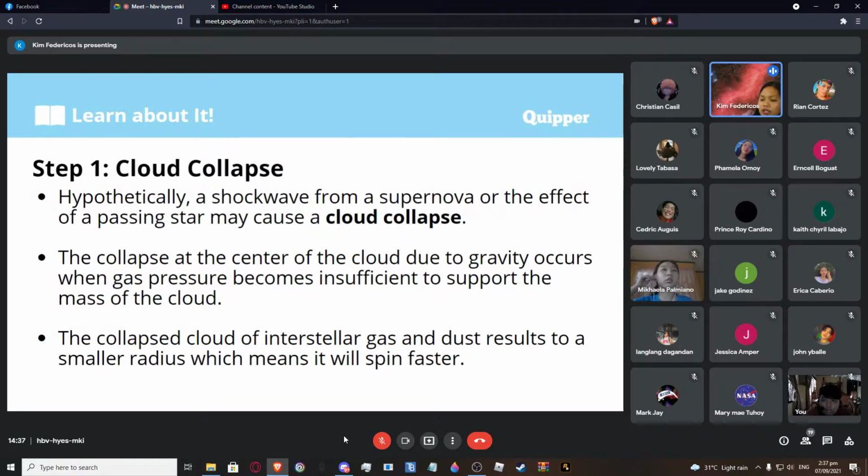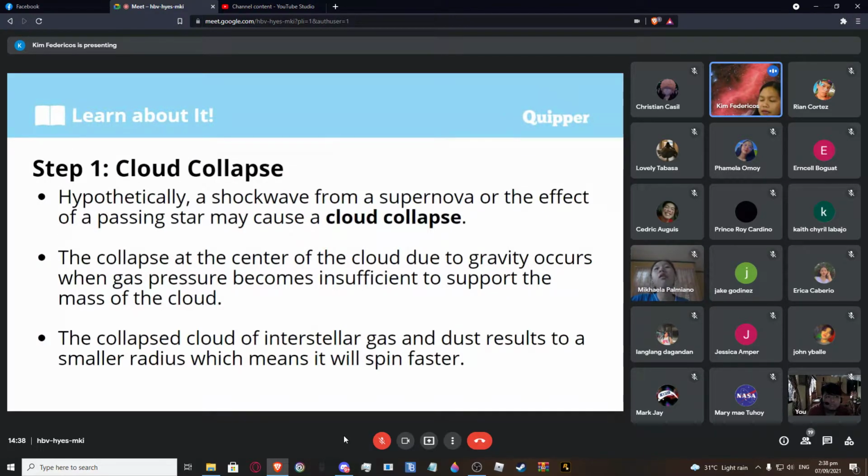So the collapse at the center of the cloud due to gravity occurs when gas pressure becomes insufficient to support the mass of the cloud. Grabe na kabugat, di na niya masuportahan ang iyang kabugat. So the collapsed cloud of the interstellar gas and dust results in a smaller radius, which means it will spin faster or it will rotate faster.